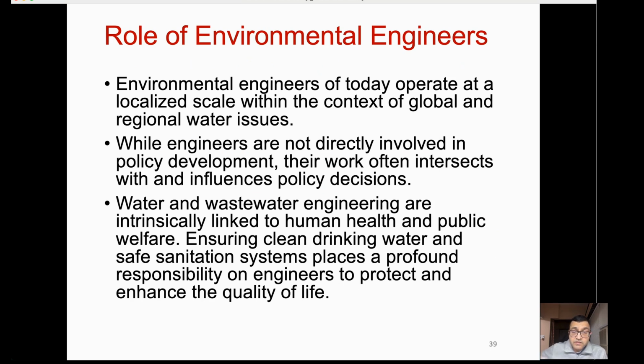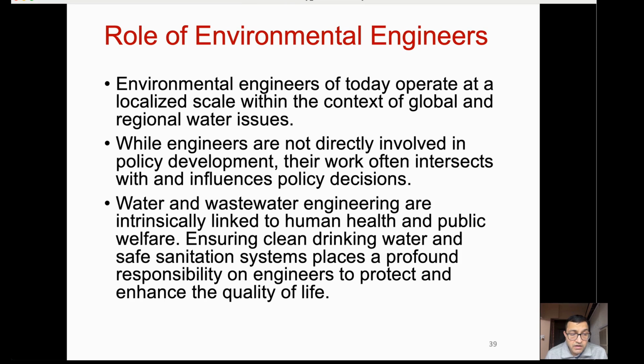And water and wastewater engineering is intrinsically linked to human health and public welfare. So ensuring clean drinking water and safe sanitation systems places a profound responsibility on engineers to protect and enhance the quality of life. I think it goes without saying that this profession is highly rewarding. It's one of public service and protecting human health.